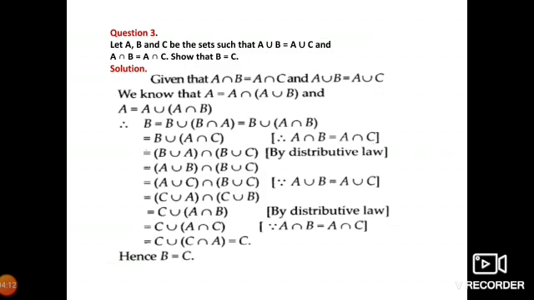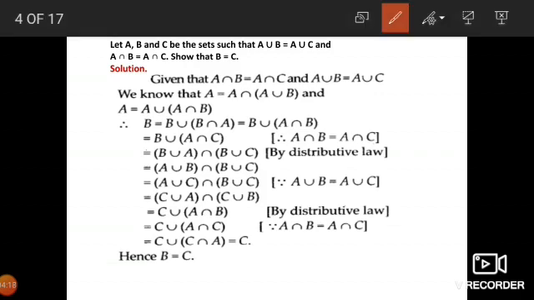Now, you can write the set A as A equal to A intersection (A union B), and also you can write A equal to (A union B) intersection A. Now, if you are writing A, you will write A intersection (A union B).